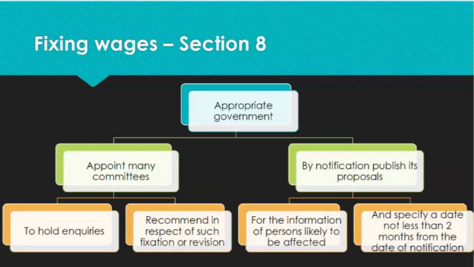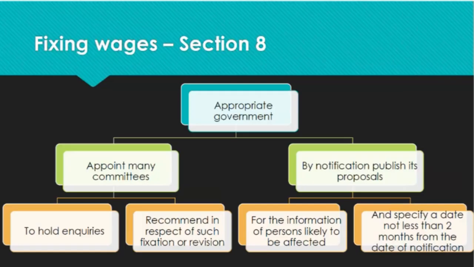Now, how is this basic wages fixed? So state government or central government, they will appoint committees, because the government does not have enough expertise to decide on fixing of wages. So they will appoint a committee, and the committee will hold inquiries. They will assess the market.